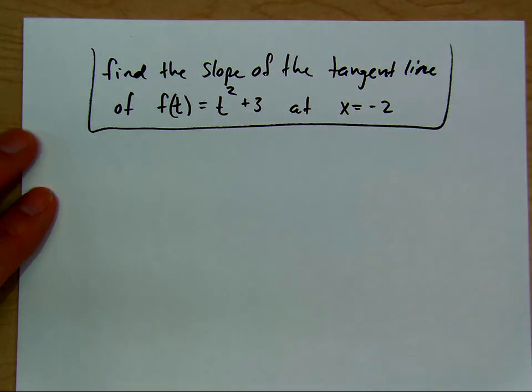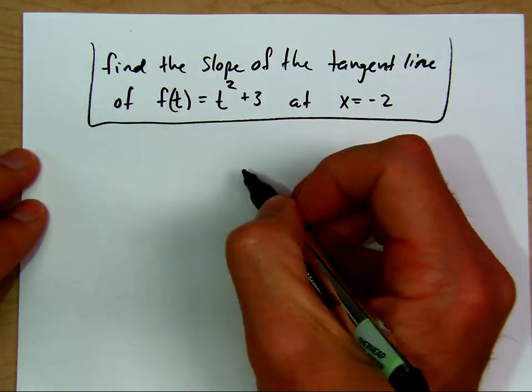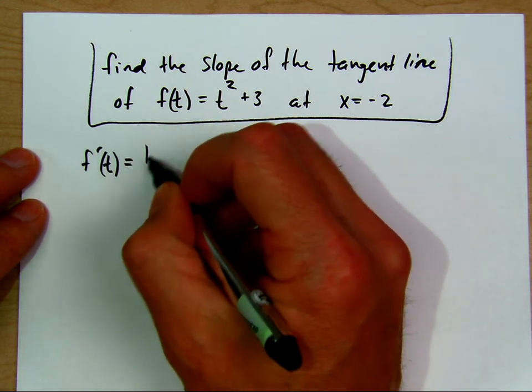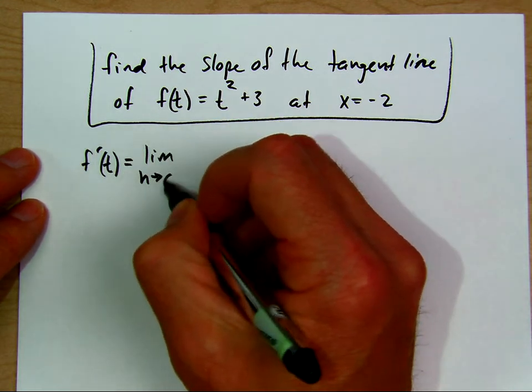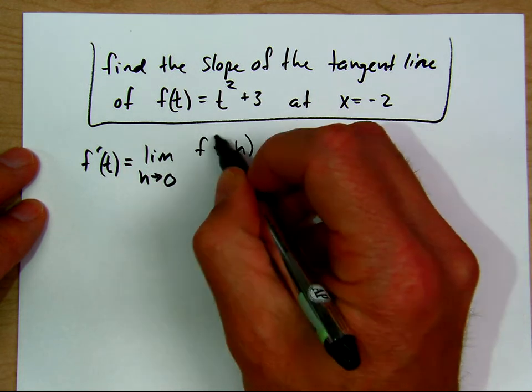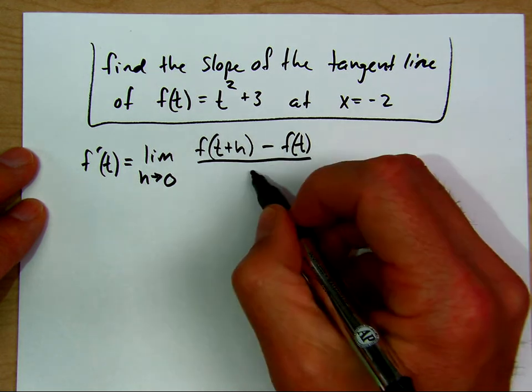All right, pause the video and try this one. We want f prime of t. That's going to be the limit as h goes to 0 of f of t plus h minus f of t over h.